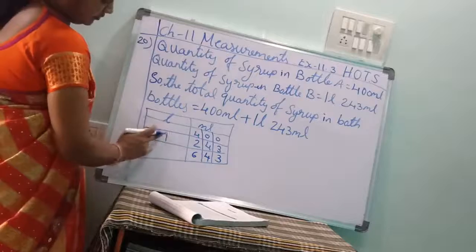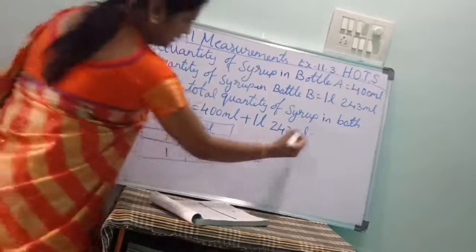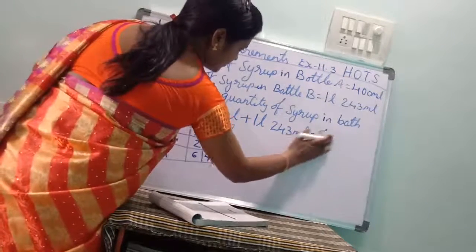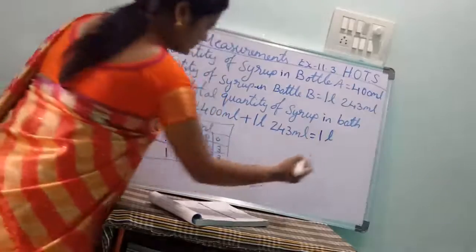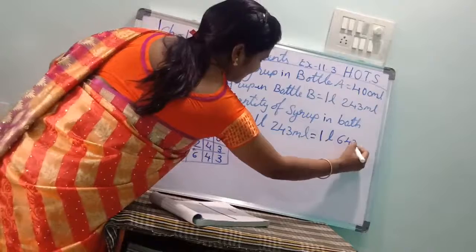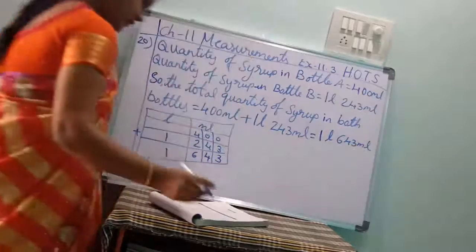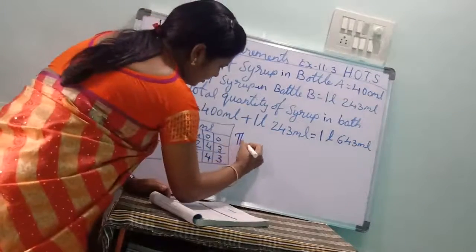Here is anything there? 1, only 1. 1 liter 643 ml. Understood?